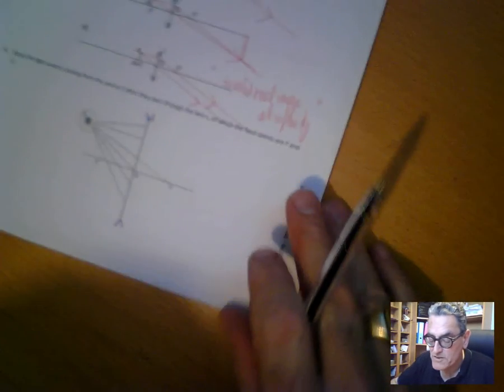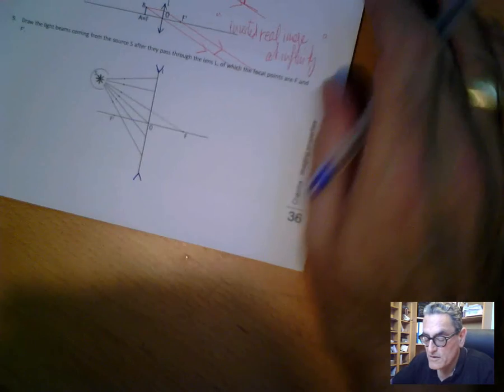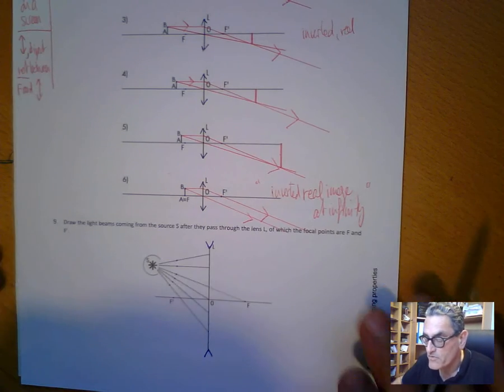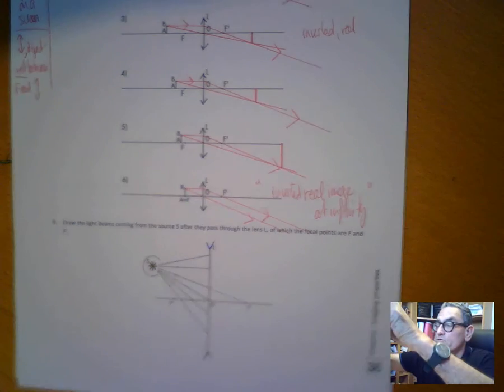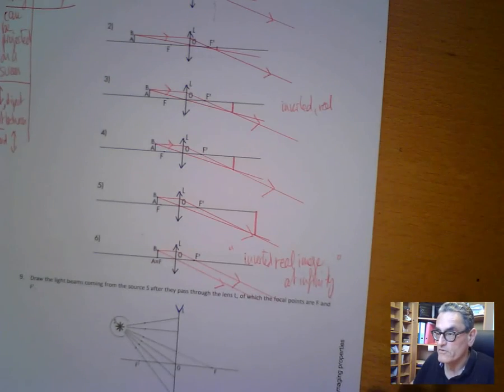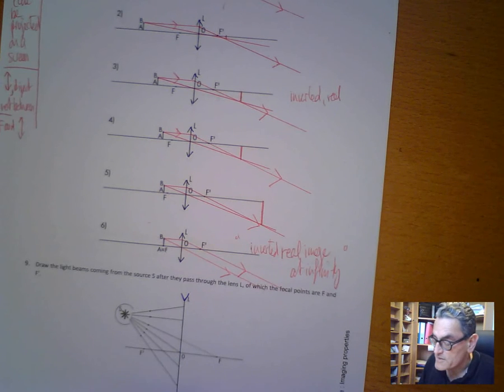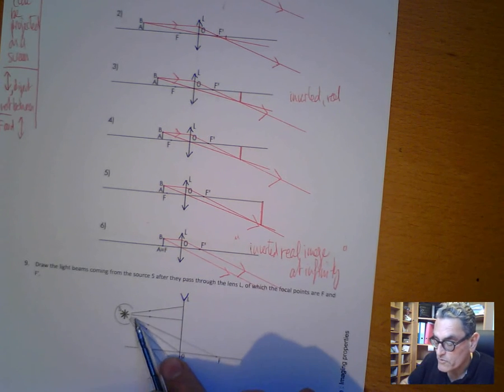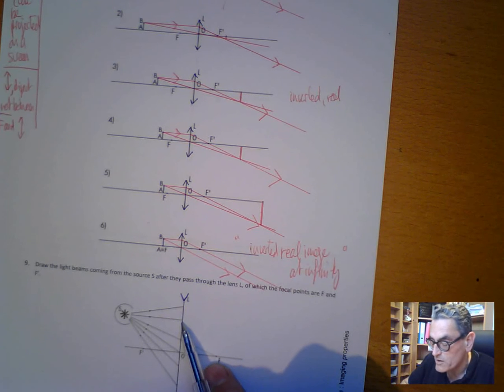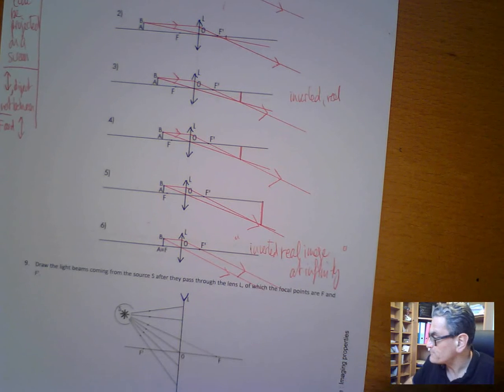Okay, well, let me stop talking and let me do it. Here, when you look at that, try to simplify your life. How can you simplify your life here? Well, for some of these rays, it's easy because you know them. For instance, this one, which is parallel to the principal axis, is going to do what after the lens?